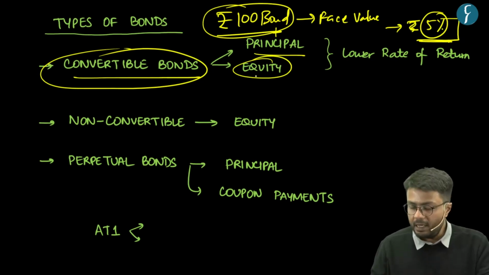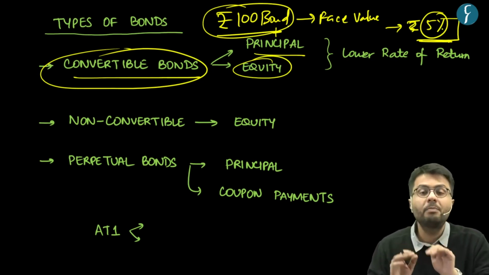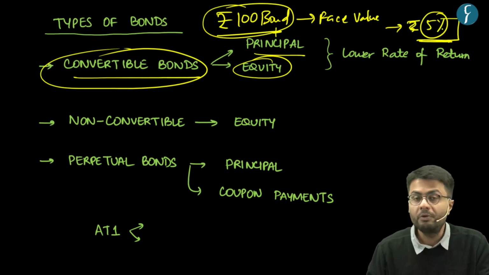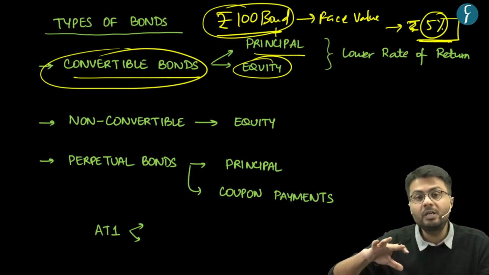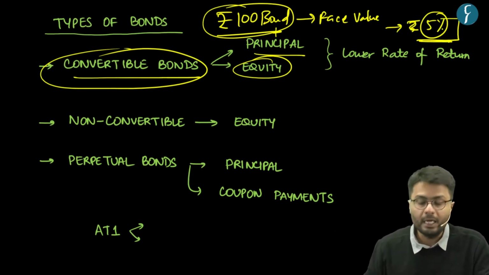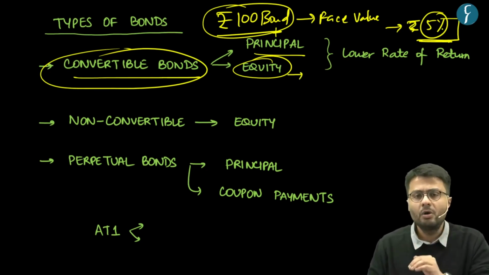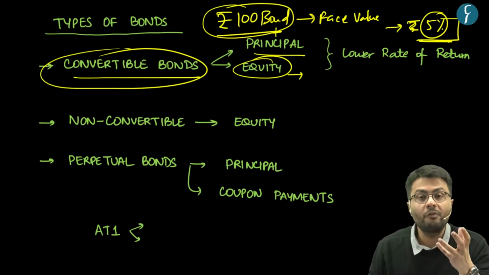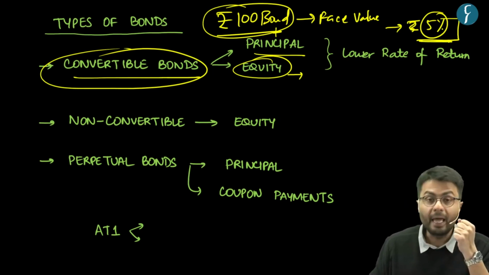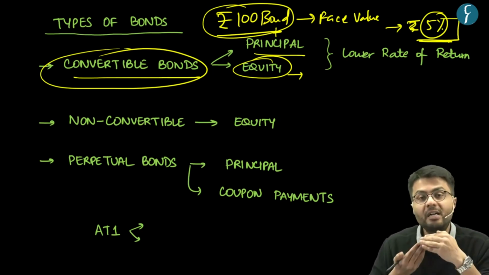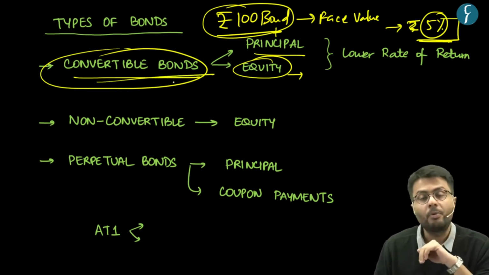When a bondholder converts the bond into equity, the rate of return might increase or reduce as per the value of the company's share. Hence, this is a form of attraction of these convertible bonds.